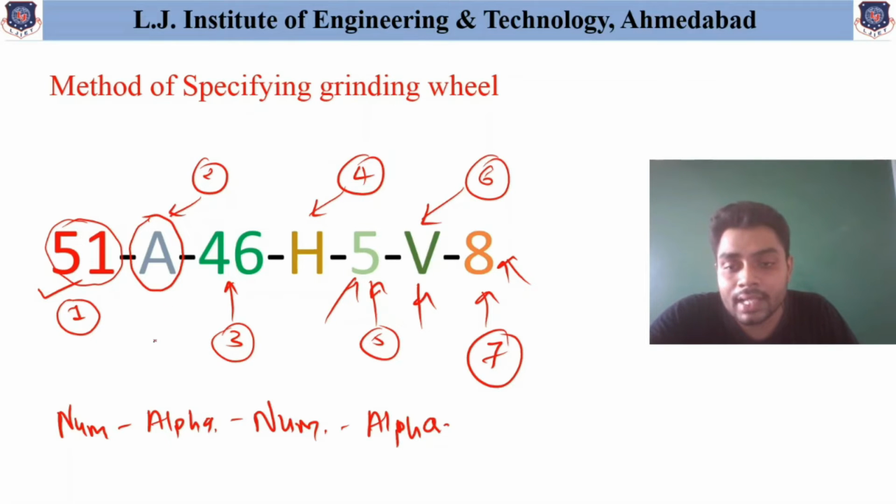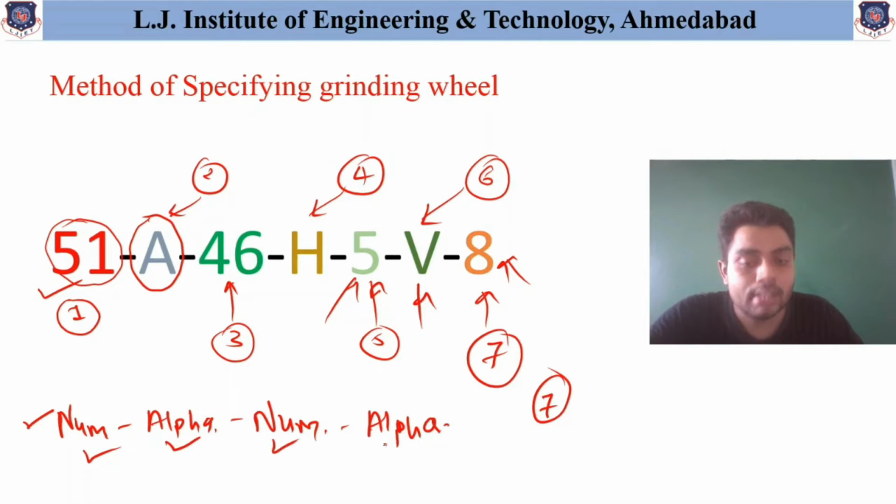To remember that, I have given you a simple detail: starting with a number, there is an alternate arrangement up to the 7th point. So first is number, then alphabet, number, alphabet, number, alphabet, and the number. This is how you can simply remember how the sequence is arranged, and from that its understanding is also very easy.